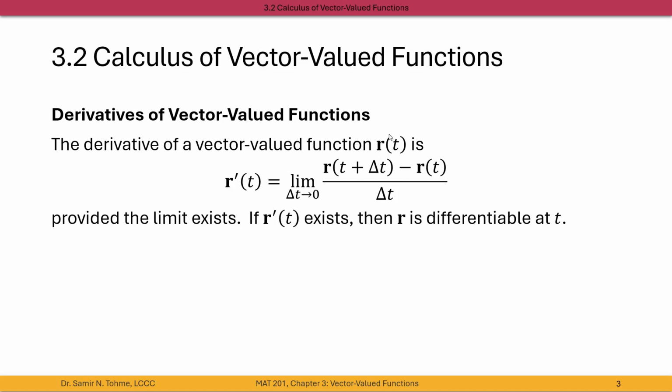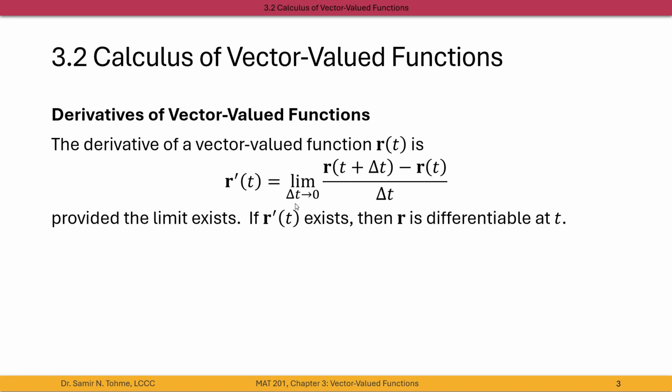The derivative of r, where r is a vector function, is written as r prime of t equal to the limit as delta t tends to 0. And we subtract r of t from r of t plus delta t, where delta t is the increment, as you approach your limit.